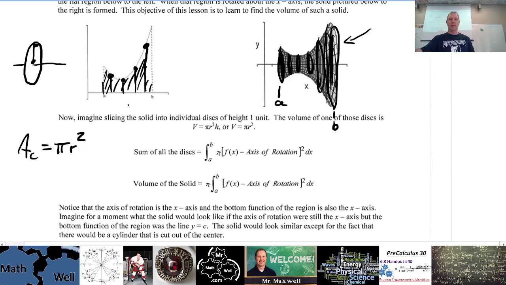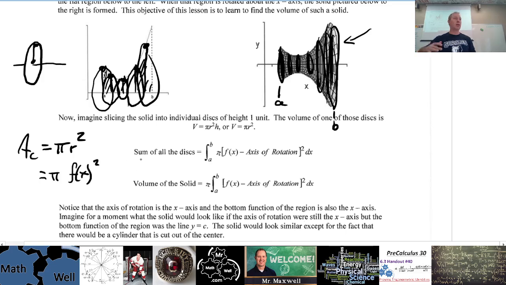So at any point, the radius of the circle is always the value of the function. So pi r squared becomes pi times f of x squared. You see that? F of x is our changing radius. So the sum of all the disks would be the integral of pi r squared.